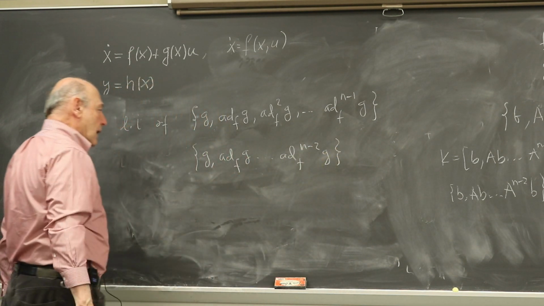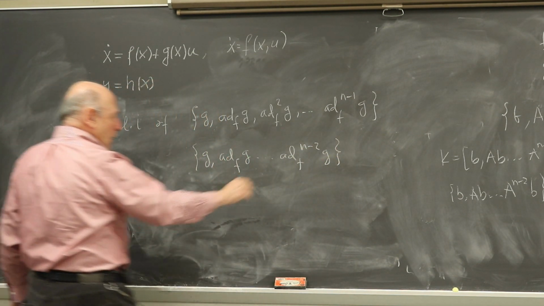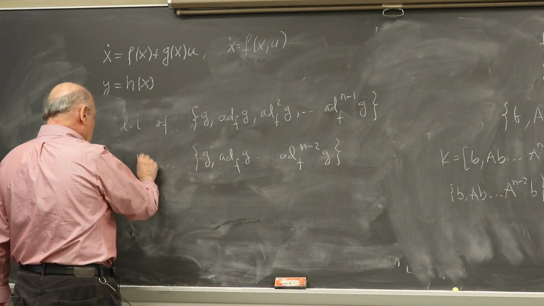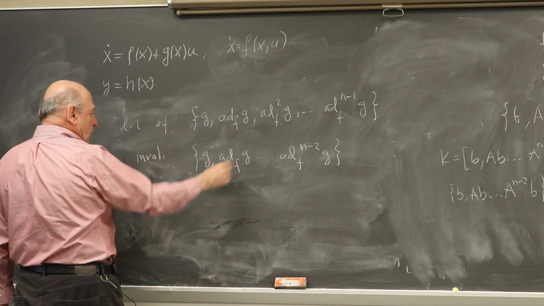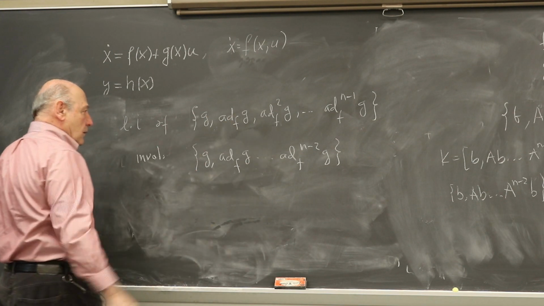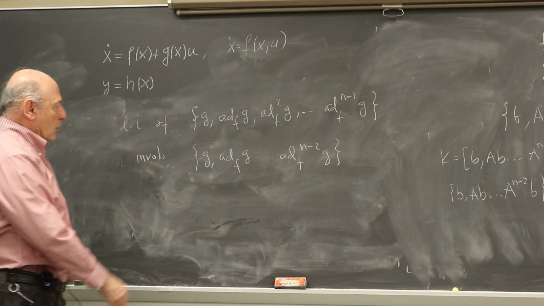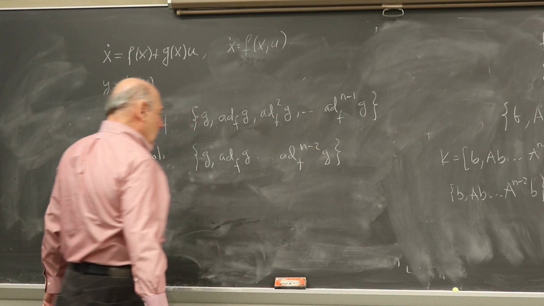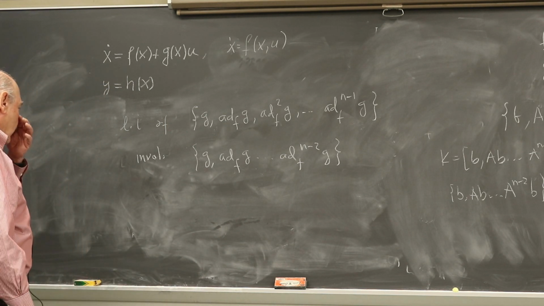How can we find the flat output from these conditions? Involutivity of this distribution, linearly independent of this larger distribution by one more vector. How do we find the flat output?